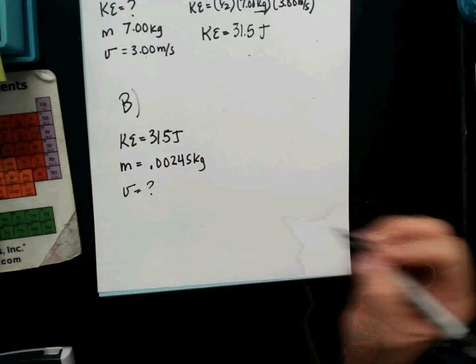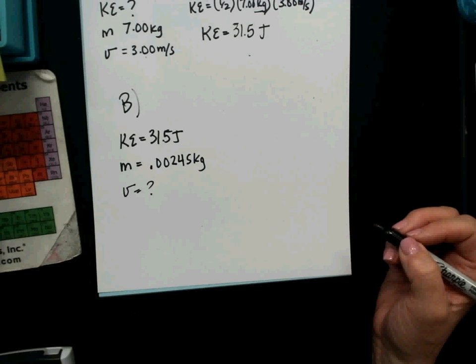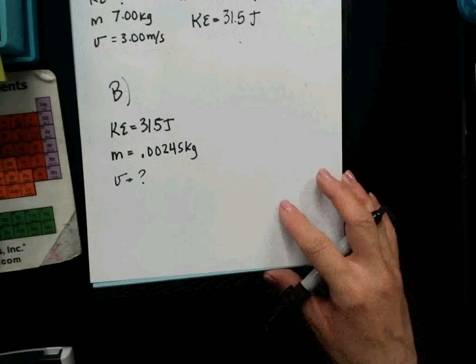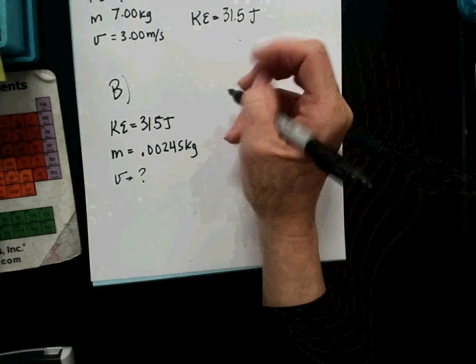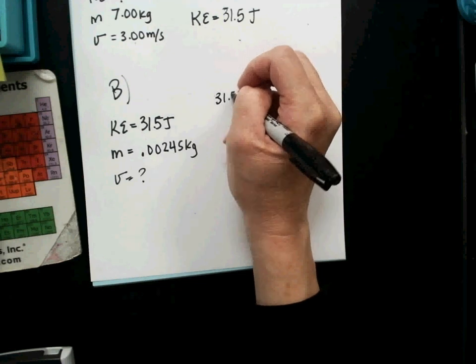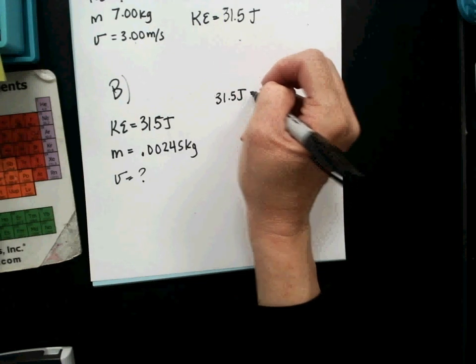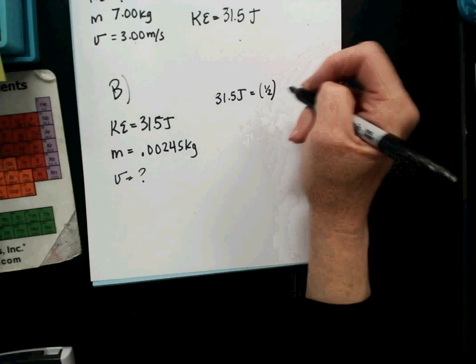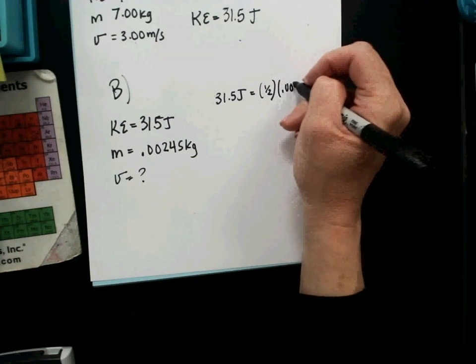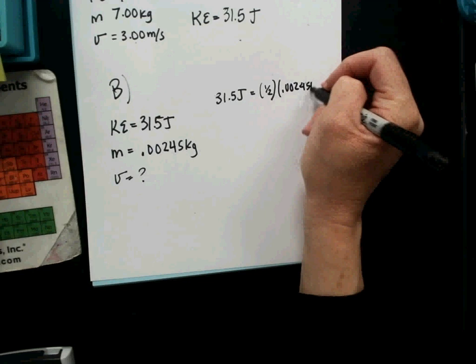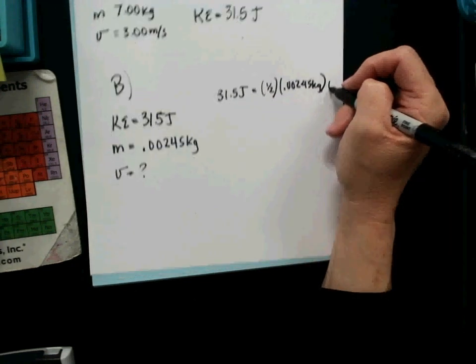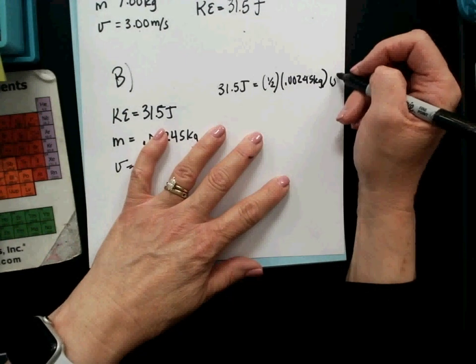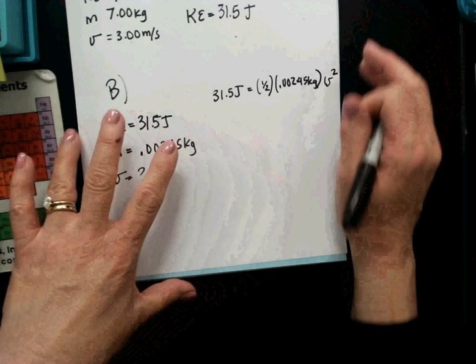And I have to find my velocity. So I end up with an equation when I plug things in that looks like 31.5 joules equals 1/2 times 0.00245 kilograms times V squared.